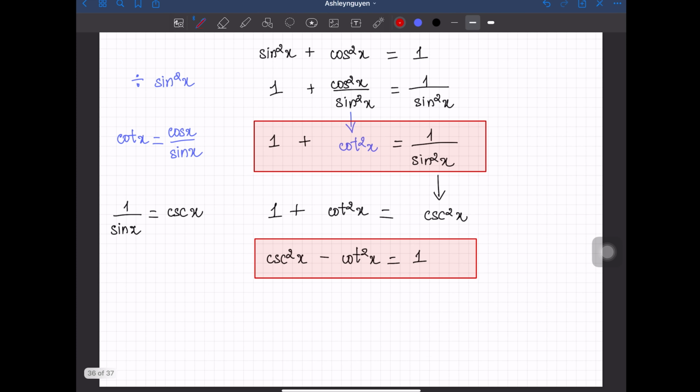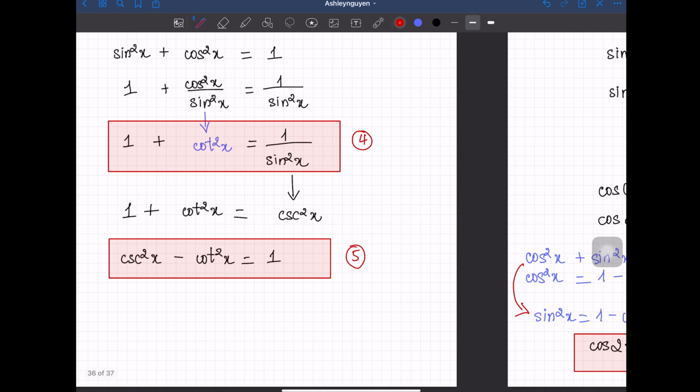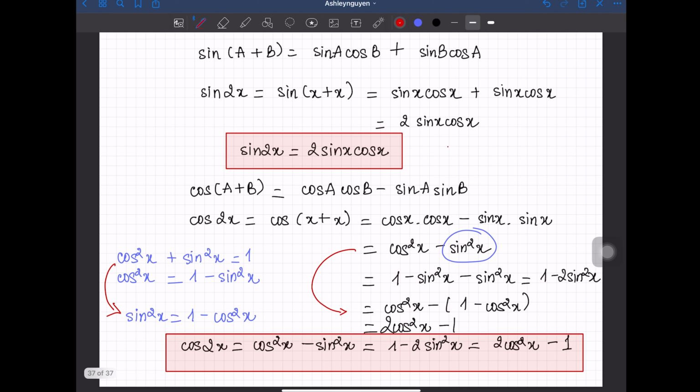The fourth one, 1 plus cotangent square x equals 1 over sine square x, or cosecant square x minus cotangent square x equals 1. The fifth one is sine 2x equal to 2 sine x cosine x. And the sixth one, cosine 2x equal cosine square x minus sine square x, or equal 1 minus 2 sine square x, or equal to 2 cosine square x minus 1.